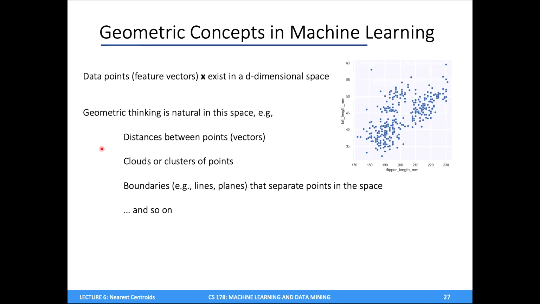When you think of data in this way, it's very natural to think of things like distances between points, like we had already seen. You could think of, say, clouds or clusters of points. We'll see clustering methods later on in the course. And of course, you can also think of things like decision boundaries that separate these points like we had already done. Again, my point is just that keeping these geometric concepts in mind is a very useful way to think about ML problems.